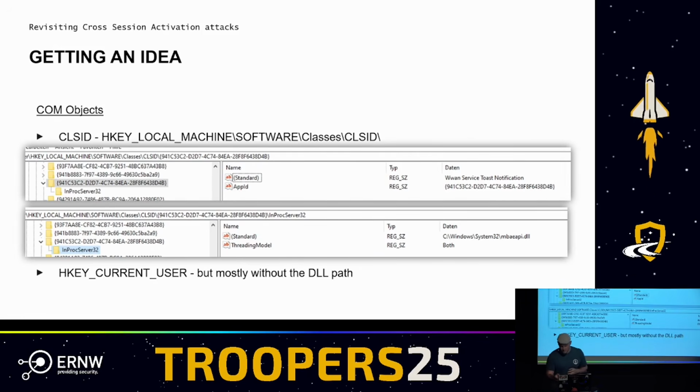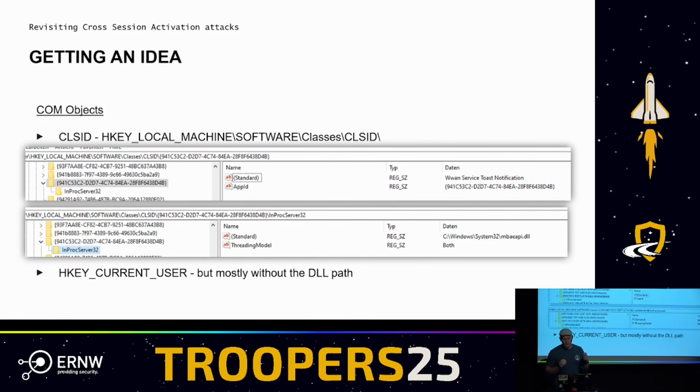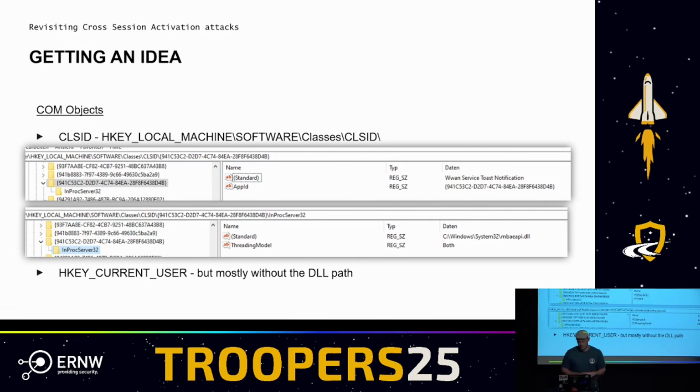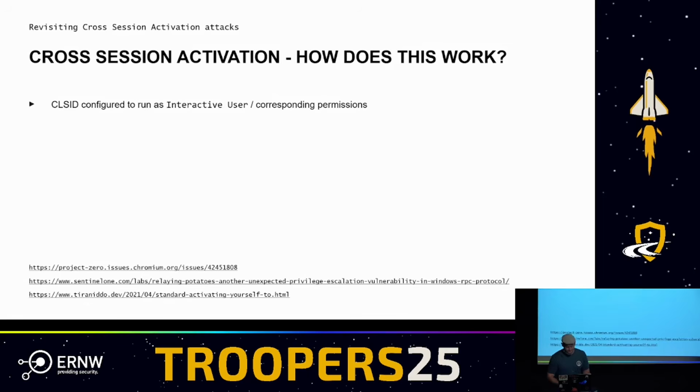In this example, you see MBAE API.dll, and this is the DLL which hosts the code for the CLSID starting with 941. There are also CLSIDs under HKEY_CURRENT_USER, but there you will mostly not find the DLL. This will be important later on, but the main references can be found in HKEY_LOCAL_MACHINE.